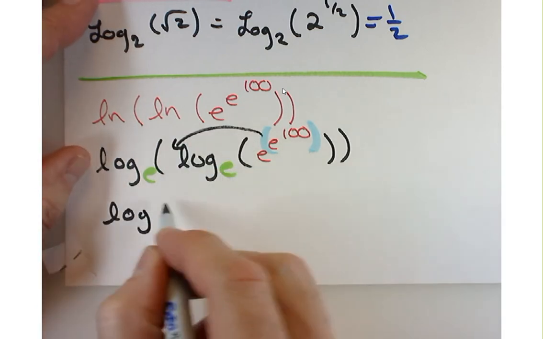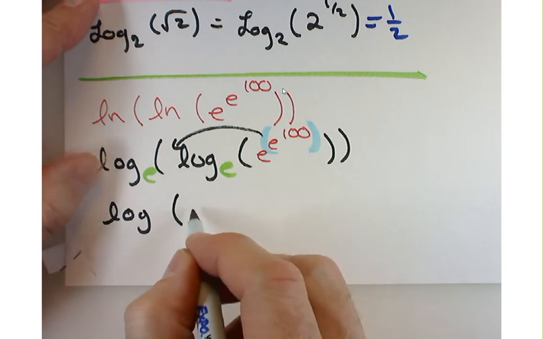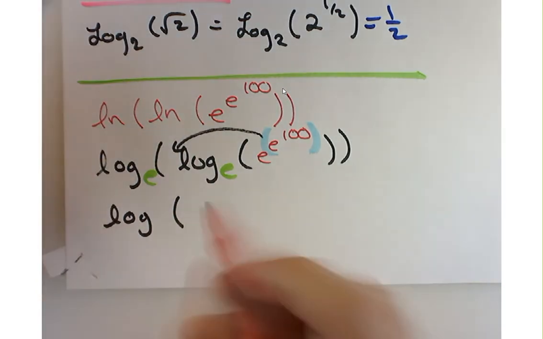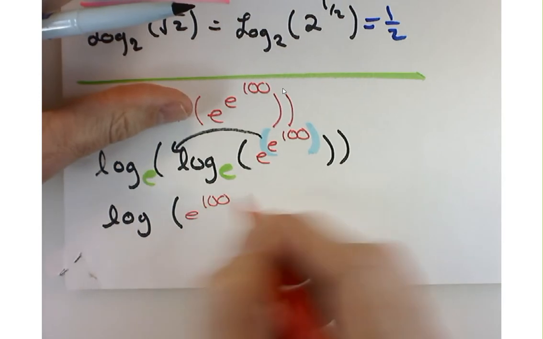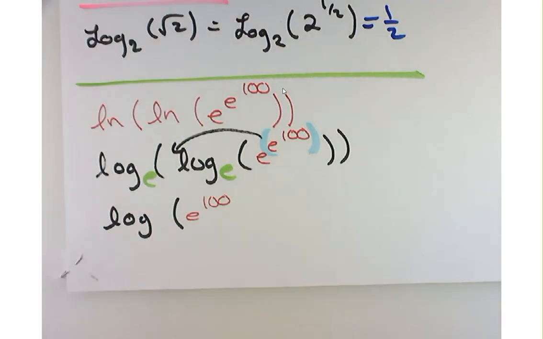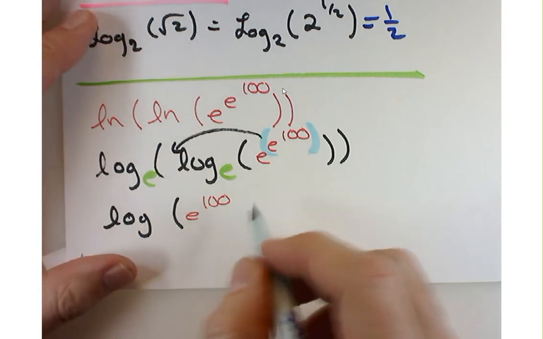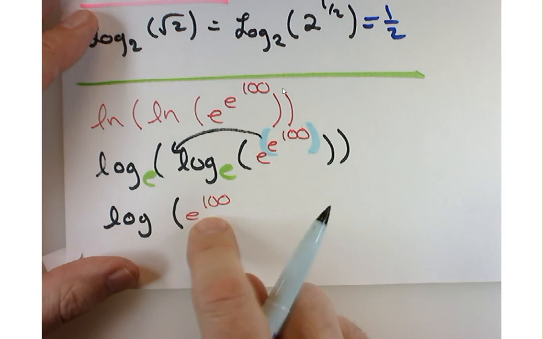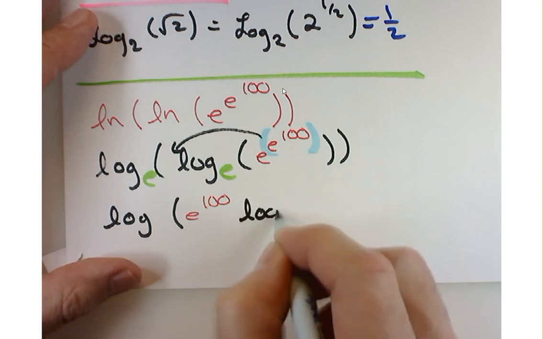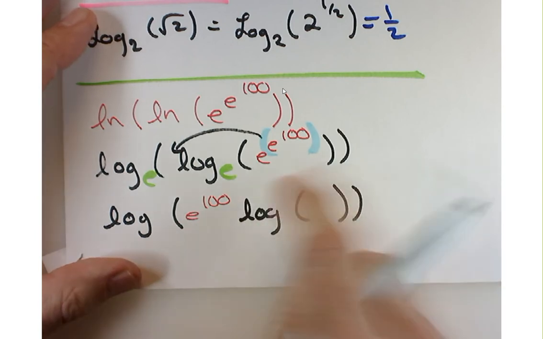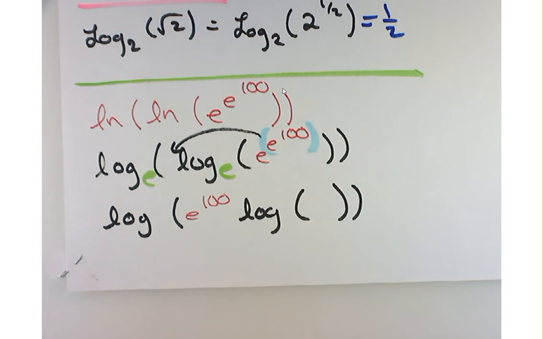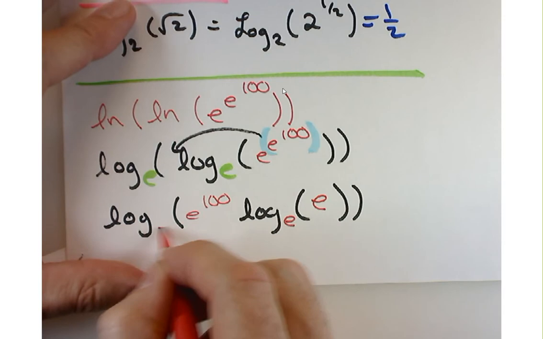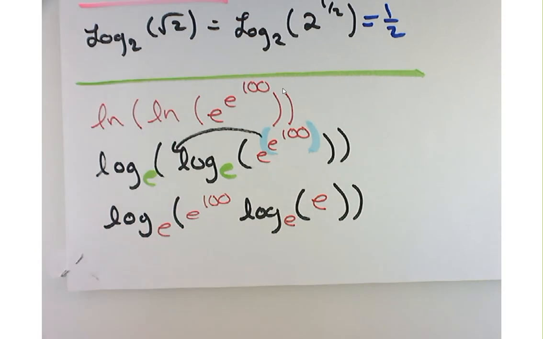So log base e of e to the 100, or e to the 100 times log base e. And what's going to be left in here after I take all that stuff out? Just an e. I got an e here and an e here.